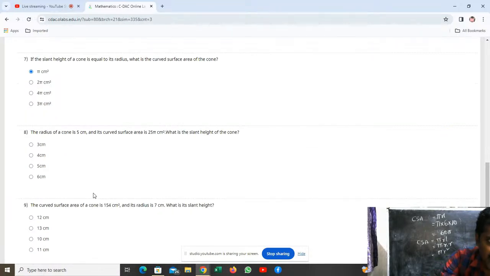And then the eighth one, you can do this. The radius of the cone is given, R is equal to 5 centimeters, and CSA is given as 25 pi. Then what is the slant height?